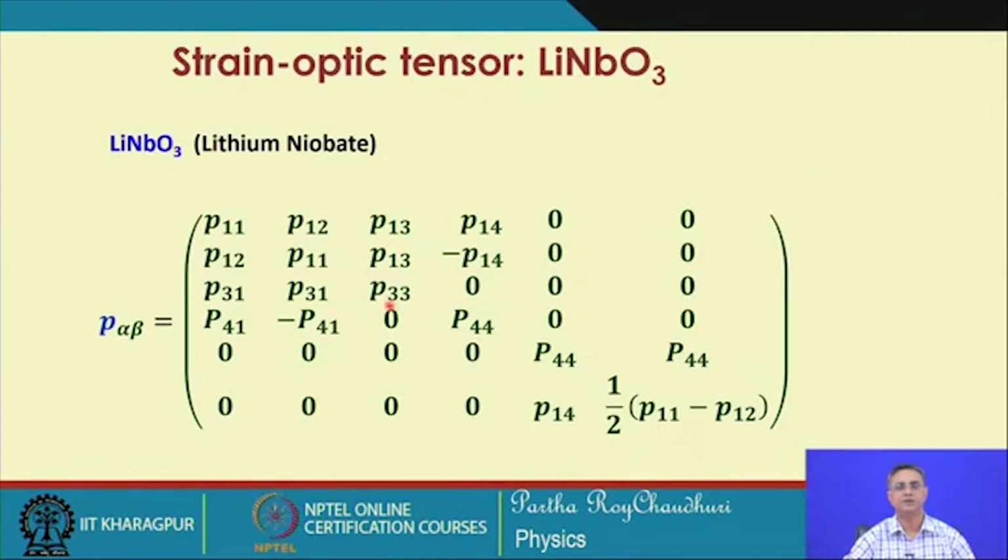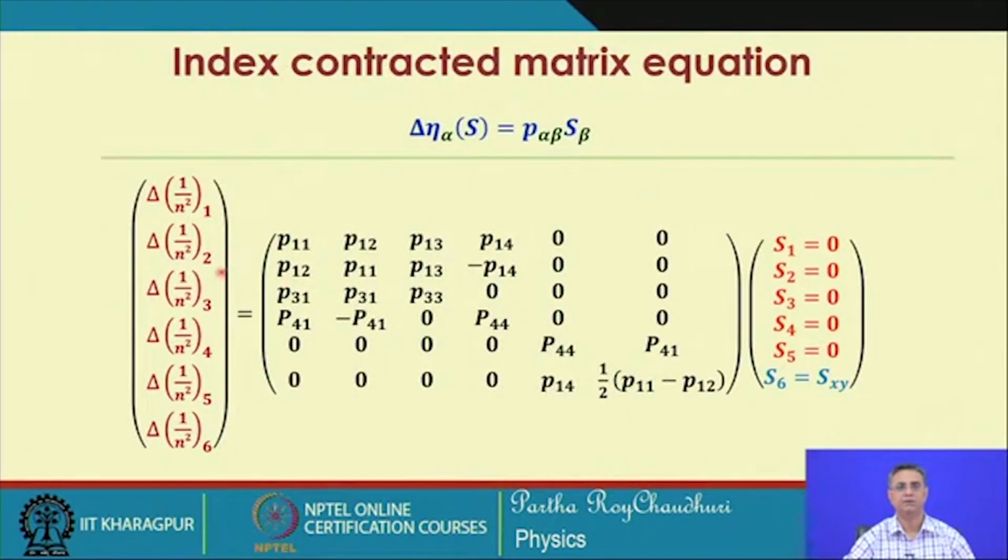So, it is now again straightforward. We will apply the strain optic tensor of lithium niobate for this. Therefore, we get the changes. In this case, only the last column will be non-zero and will contribute to non-zero elements of the change in the impermeability.